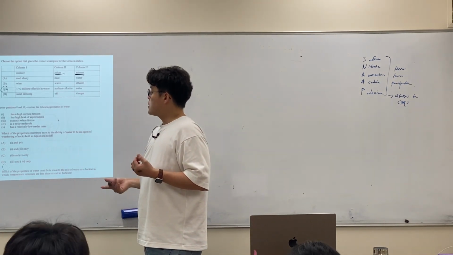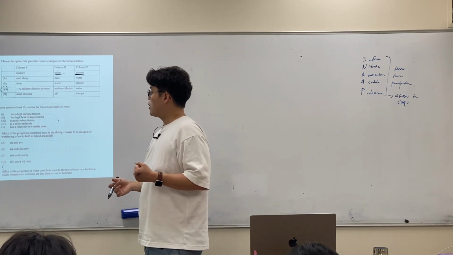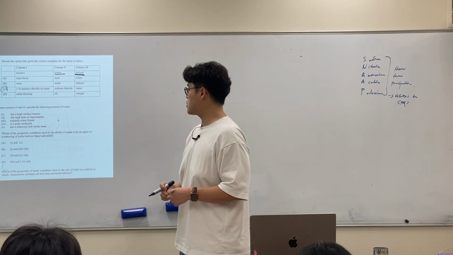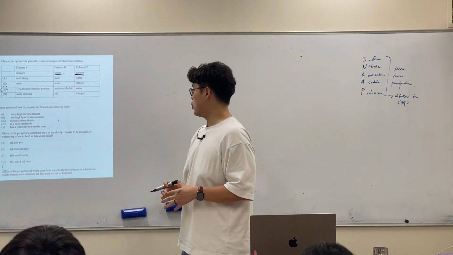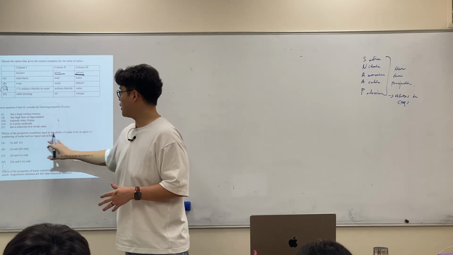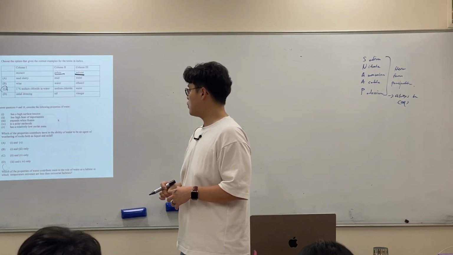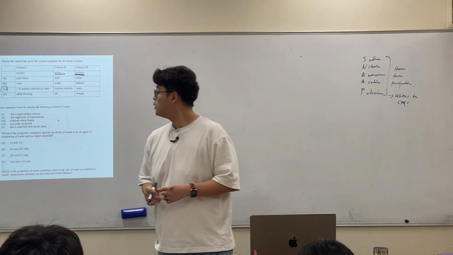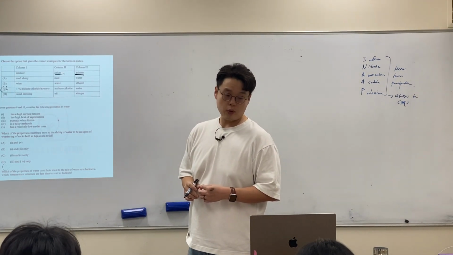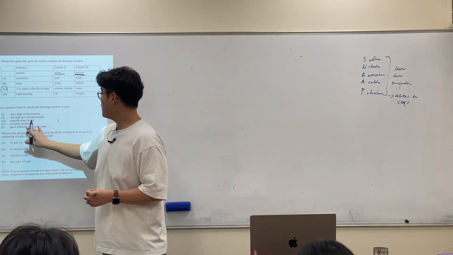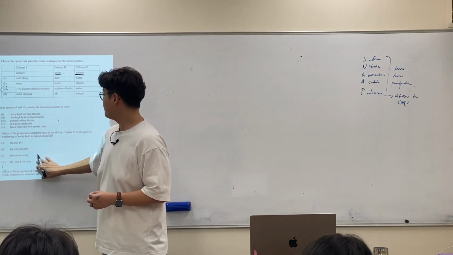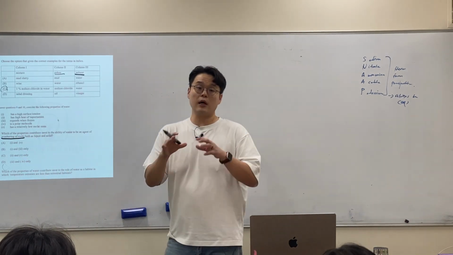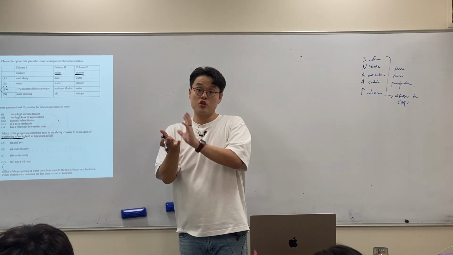Alright, to answer questions 9 and 10, consider the following properties of water. We have 1 to 5 there. Which of the properties contribute most to the ability of water to be an agent of weathering of rocks, both as a liquid and solid? So, for 9, it would be... weathering the rocks means that we are making the rocks into a certain shape.